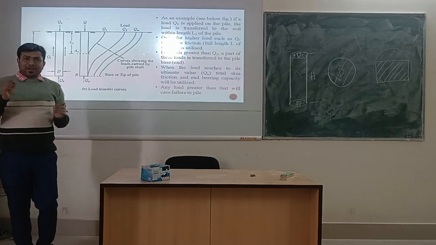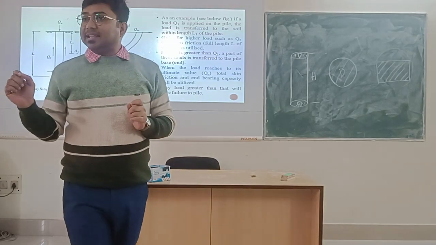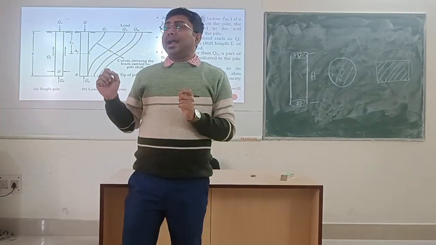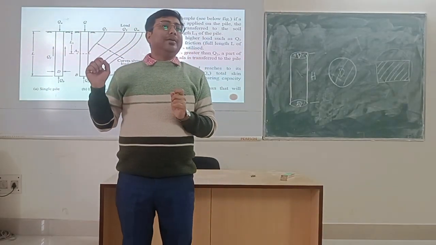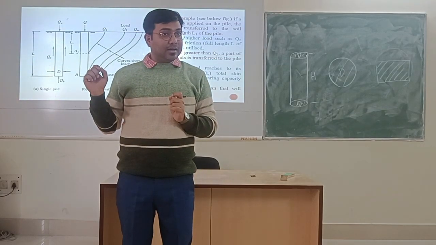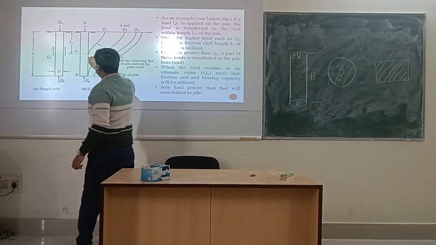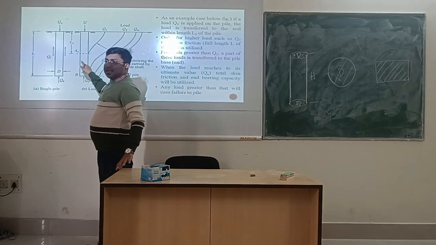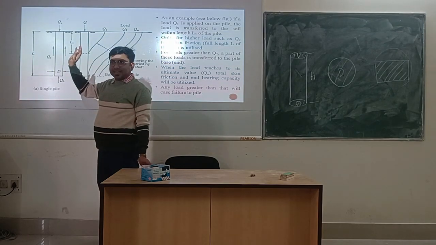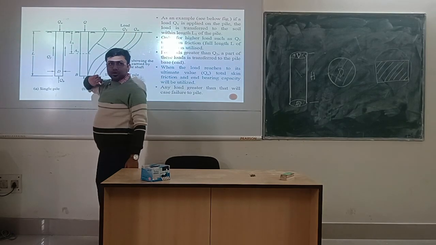That means after that if we increase the load, then some of the end bearing capacity will be utilized. Is that clear? Let's say the skin friction capacity of this pile is 60 kilonewton, maybe as an example, and this Q2 is 60 kilonewton.